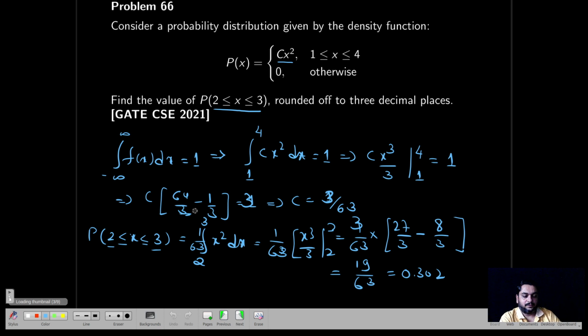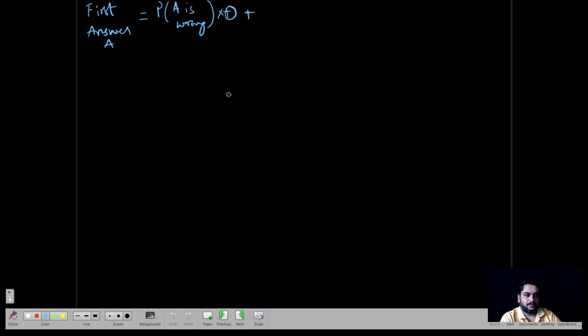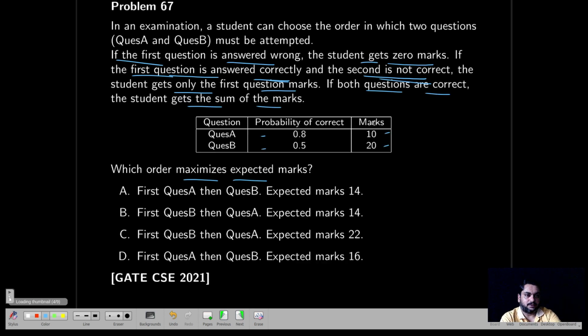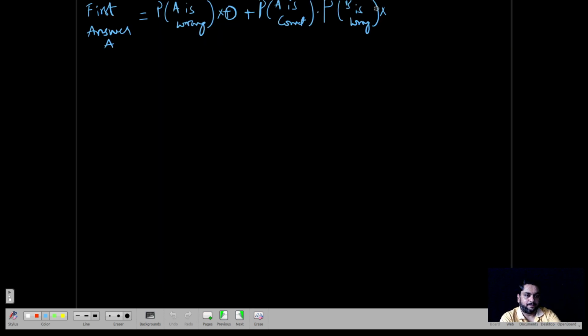So if A is correct, then B is wrong, and I will get the first question's marks, that is 10.